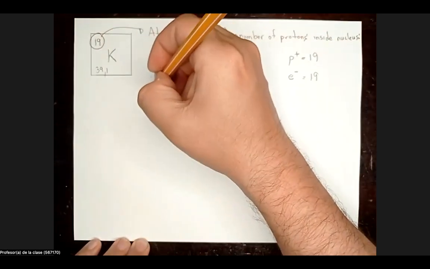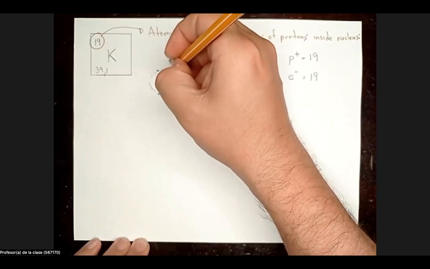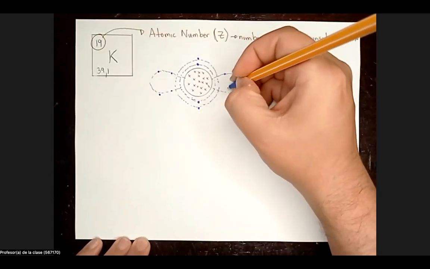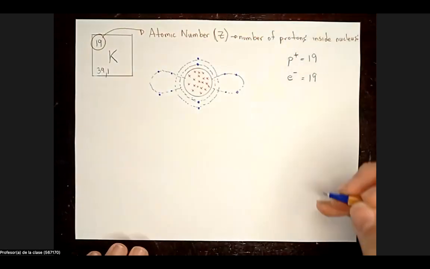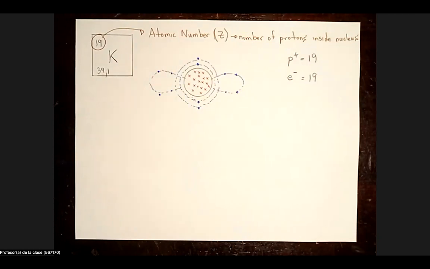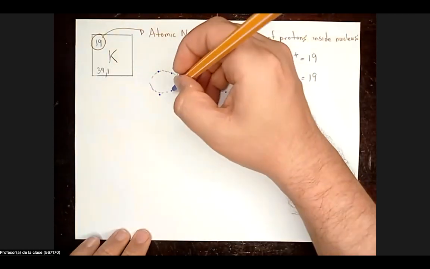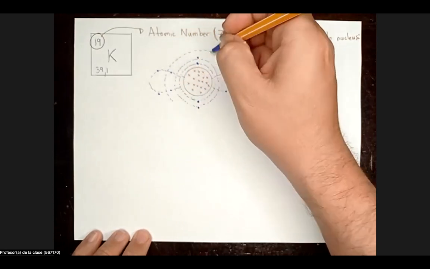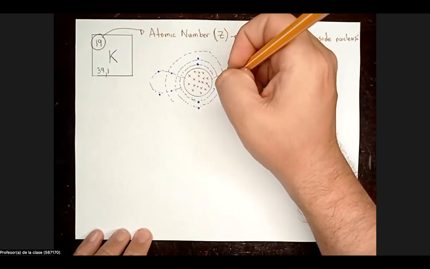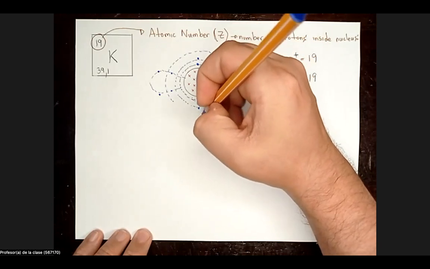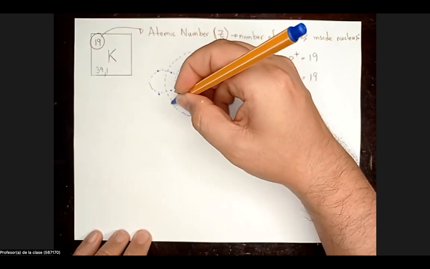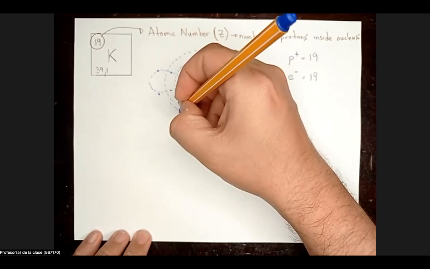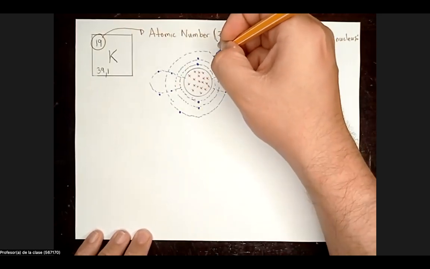Now we have a ribbon, 1, 2, 3, 4, 5, 6, 7, 8. Now we have 12. After that, another circle. I will explain this when the topic of electronic structure is studied in this course.